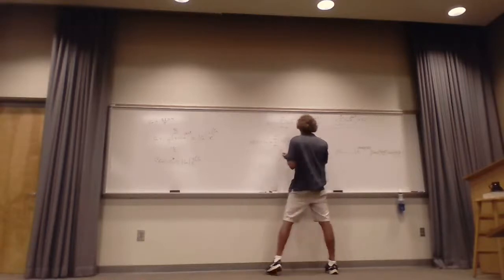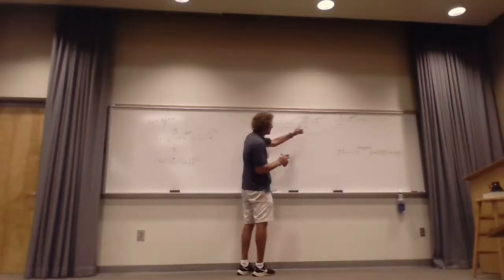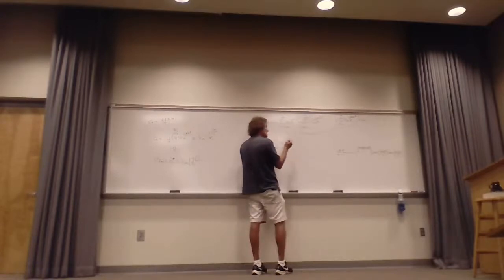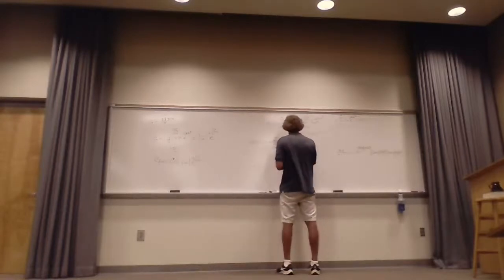Actually, let me do it this way so you can see it better. I want to make sure I really showcase this. What I'm going to do is just replace it in a series. Can you see that the first series, n equals 1 to infinity, has the magnitude of C of n. Then there's e to the minus j, the angle of C of n. So it can be e to the minus j times the quantity n omega naught t plus the phase angle of C of n, right?